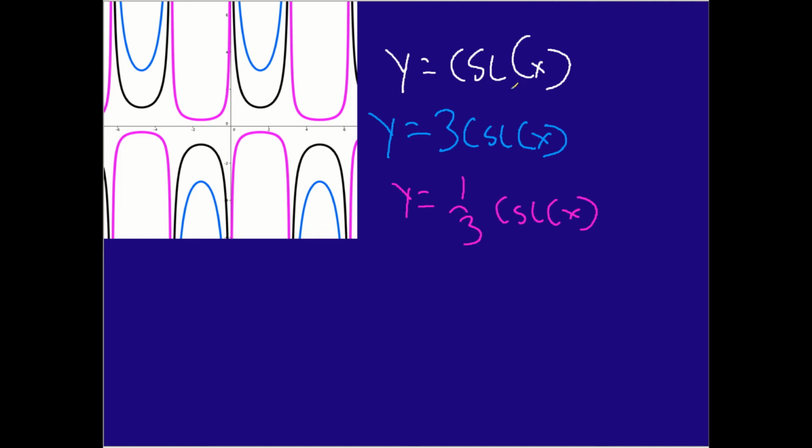When the absolute value of the A term is less than 1, when it's a fraction, you can see how it's stretched out a little bit and more pulled apart. The distance here is greater now compared to right here or right here. That's what's happening. Let's go to the next one now.